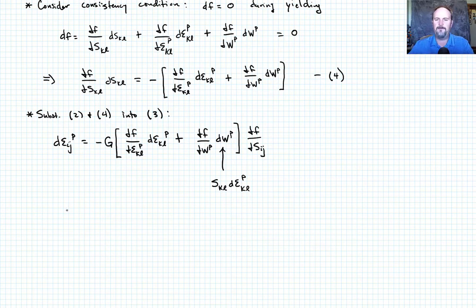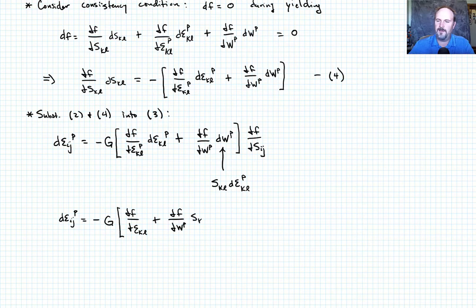So I can write d epsilon ij plastic equal to negative g times the quantity, the partial of f with respect to epsilon KL plus the partial of f with respect to plastic work times S_KL, that quantity times partial of f with respect to S_ij, times d epsilon KL plastic. Let's call that equation 5.